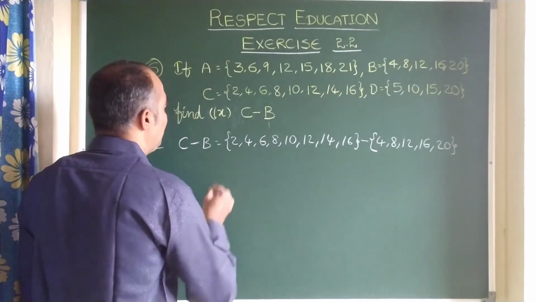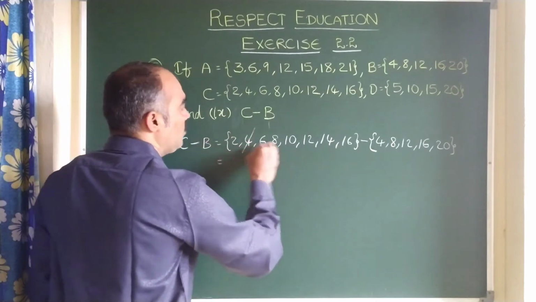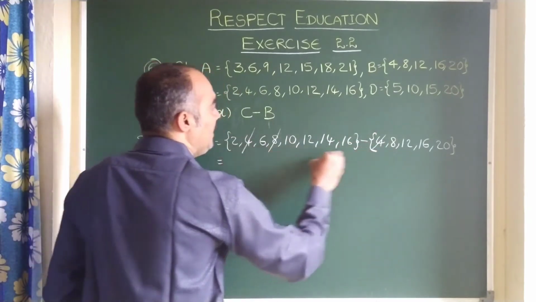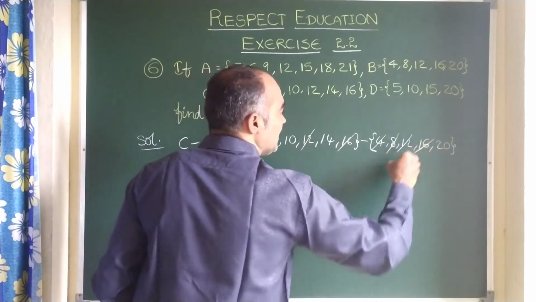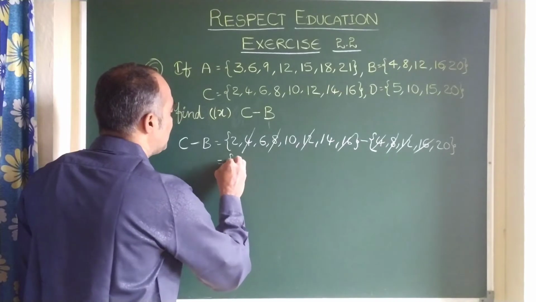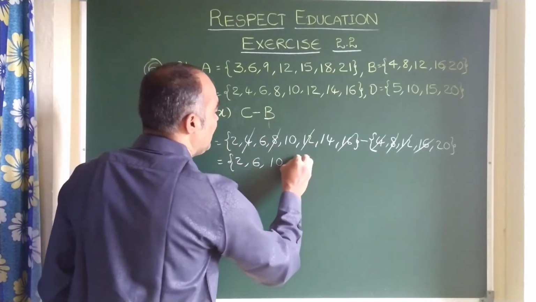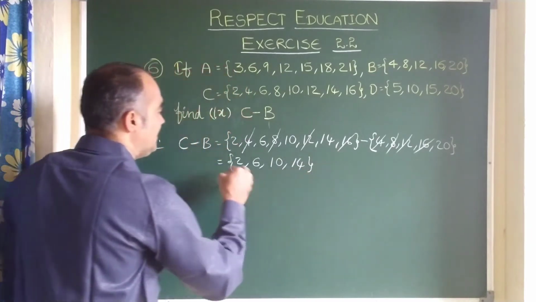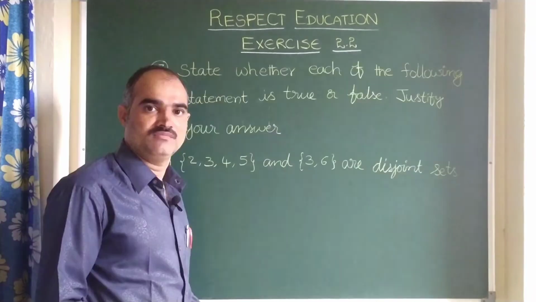Now here 2 is there, 2 is not there. So 4, 4 get cancelled, 8, 8 get cancelled, 12, 12 get cancelled, 16, 16 get cancelled. Right? Now here let us write the leftover values in the first set: 2, 6, 10, then 14. This is the set for C minus B.